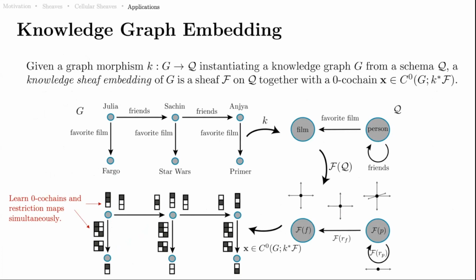The general recipe is that we're going to learn this using a contrastive learning approach where, for our actual node, edge, node triplets, we look for representations, so zero cochains, and restriction maps at the same time, which minimize this quadratic form, or minimize some notion of consistency across the resulting cellular sheaf structure.